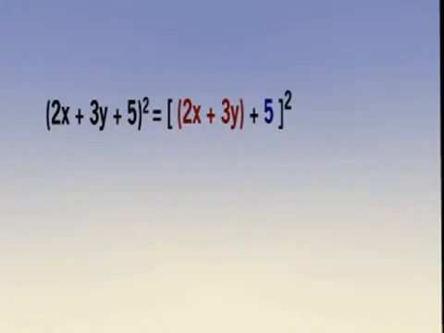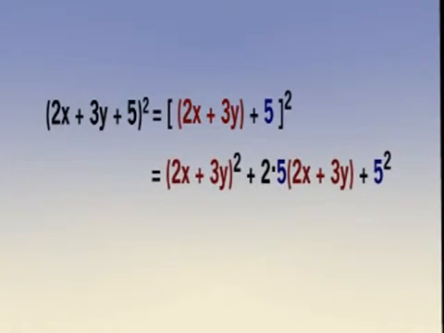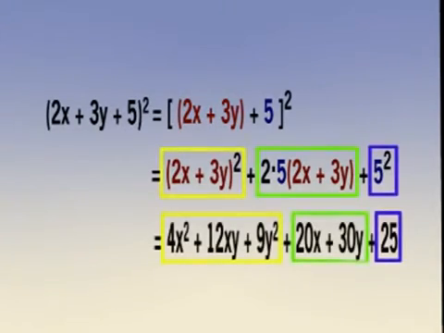Squaring this, we have the quantity 2x plus 3y plus 5 all raised to the second power is equal to the quantity 2x plus 3y raised to the second power plus 2 times 5 times the quantity 2x plus 3y plus 5 squared is equal to 4x squared plus 12xy plus 9y squared plus 20x plus 30y plus 25.